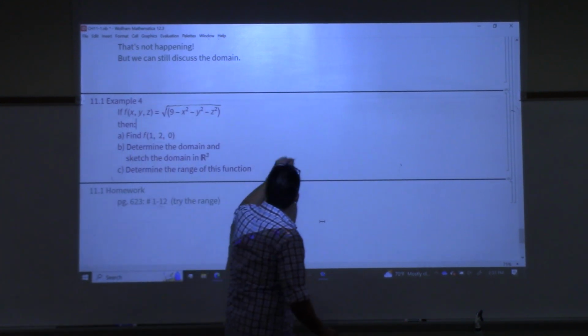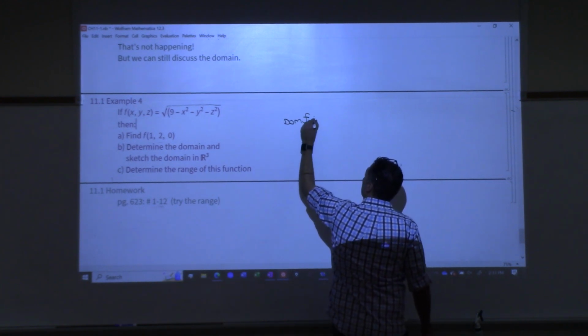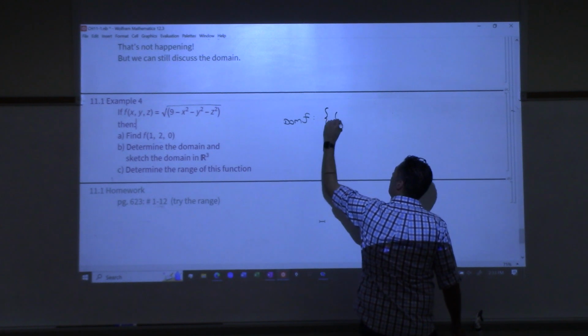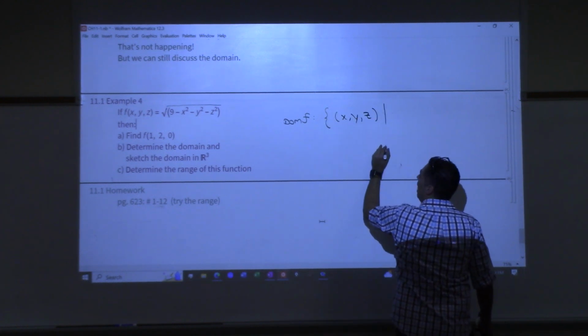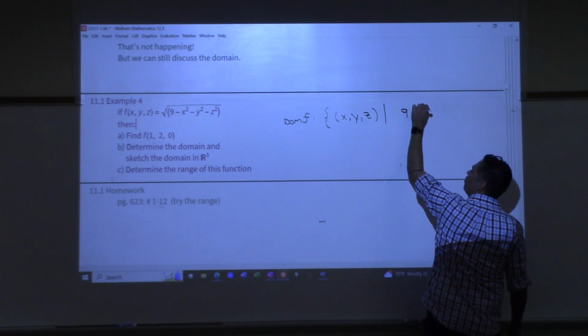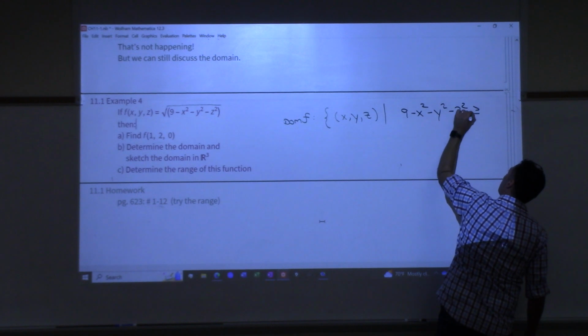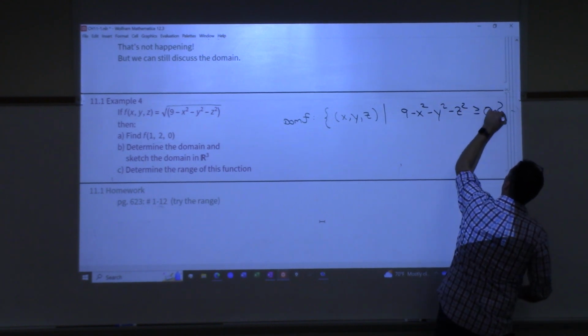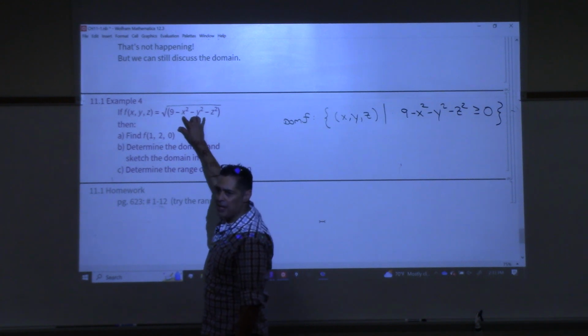So if I look at the domain of this function, it's the set of all ordered triples x, y, z such that 9 minus x squared minus y squared minus z squared must be greater than or equal to 0. Because all of this is sitting underneath a root, I can't have a negative number in there.